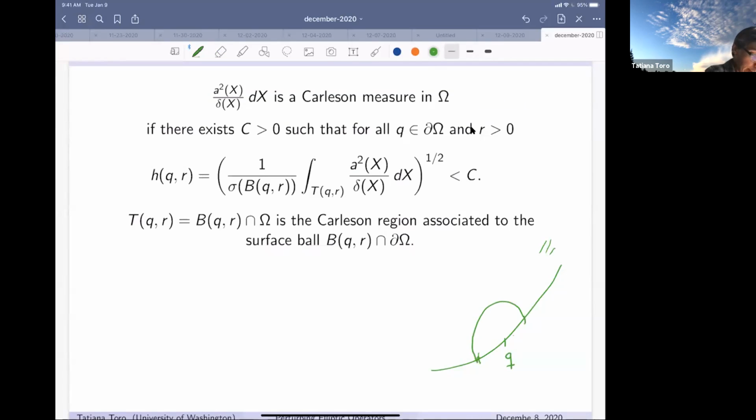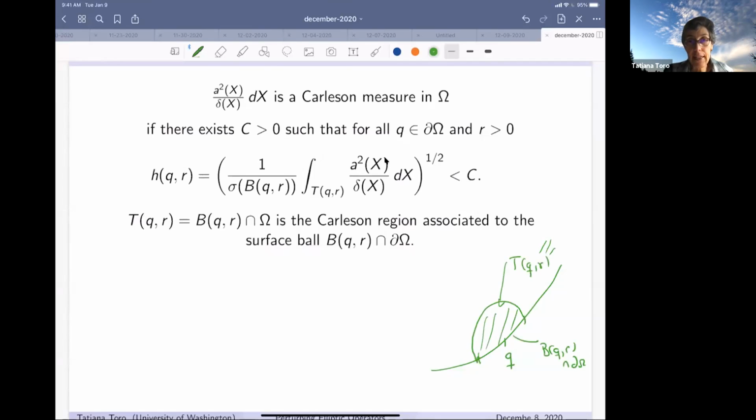This is B_QR, the intersection with the boundary, and T_QR is this ball on top. And so we look, remember, this is the deviation squared over the distance to the boundary.